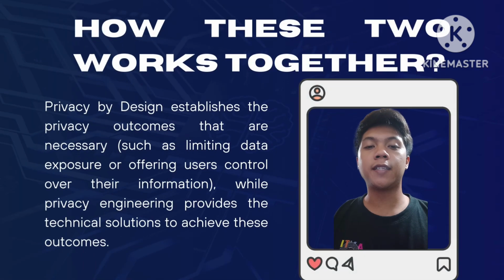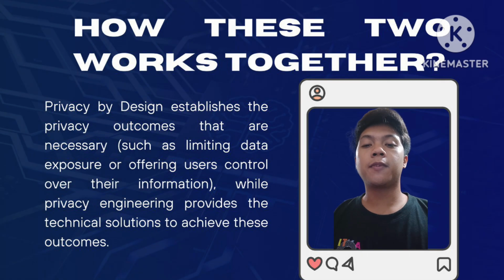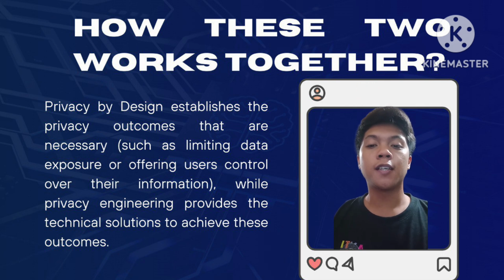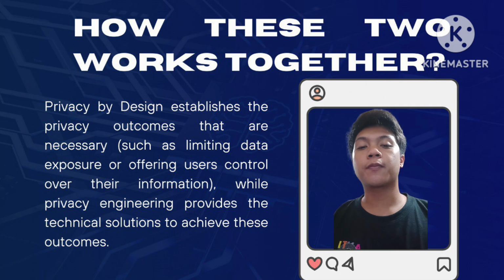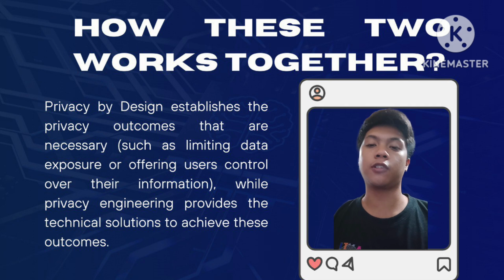How privacy by design and privacy engineering work together. Privacy by design establishes the privacy outcomes that are necessary, such as limiting data exposure or offering users control over their information, while privacy engineering provides the technical solution to achieve these outcomes.